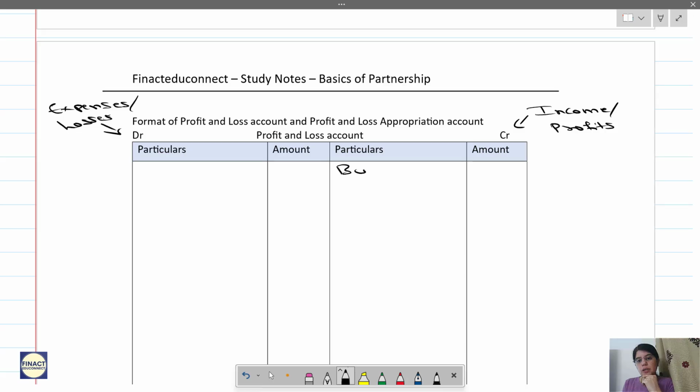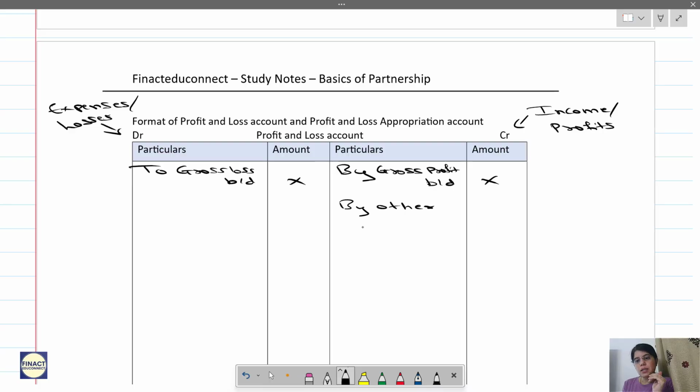So if it is a gross profit, it will come over here, by gross profit brought down. If it is a gross loss, then it will come over here, to gross loss brought down. Once you bring in the gross loss, in profit and loss you take other income.